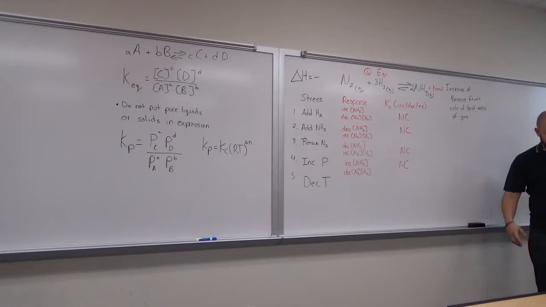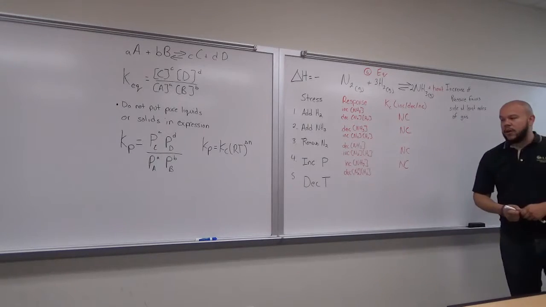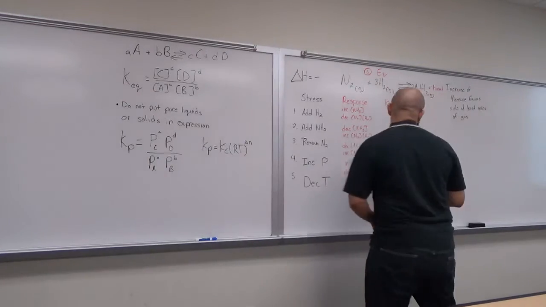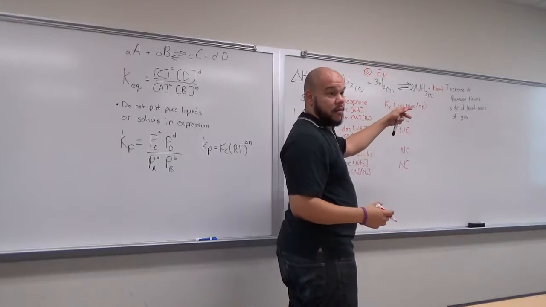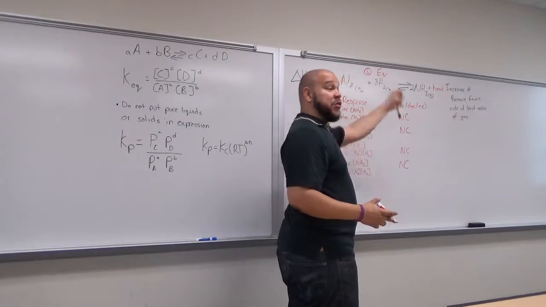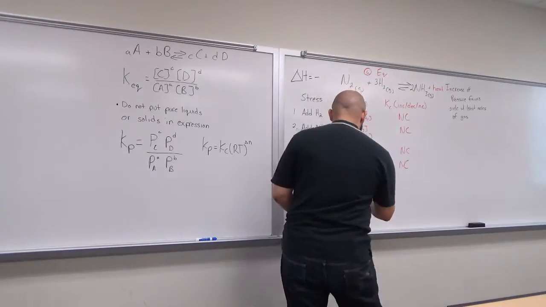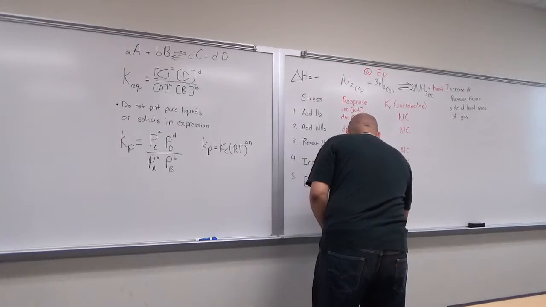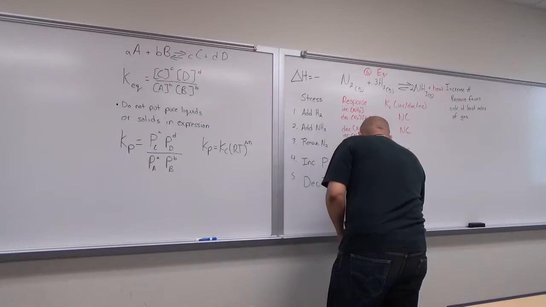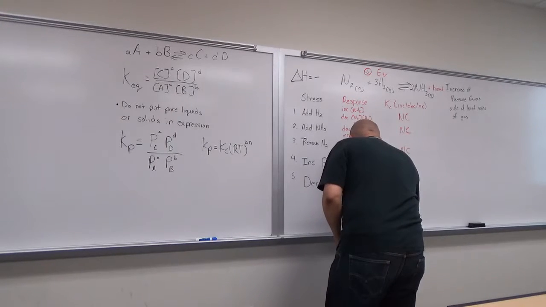To replace this product, you're actually going to shift this reaction to the right. You're going to essentially force it to replenish the heat. So we're going to see an increase in NH3 and a decrease in reactants.